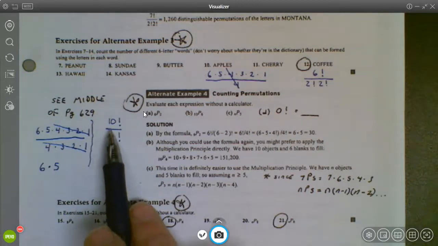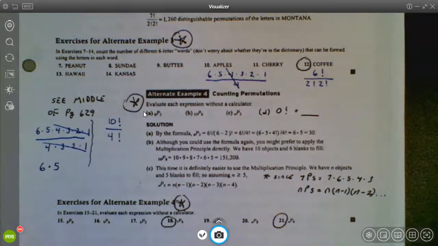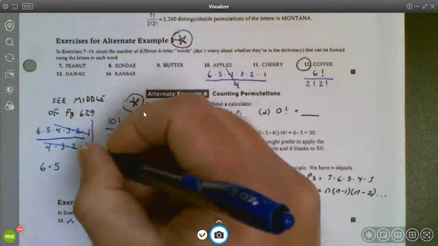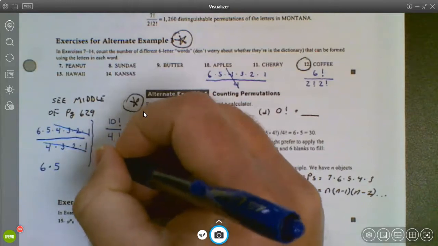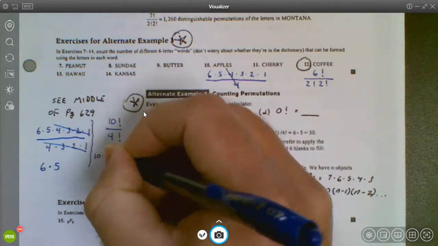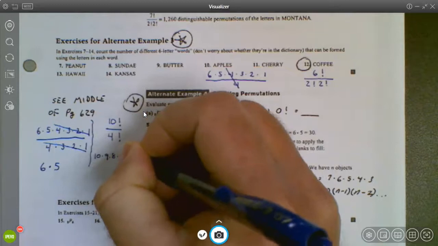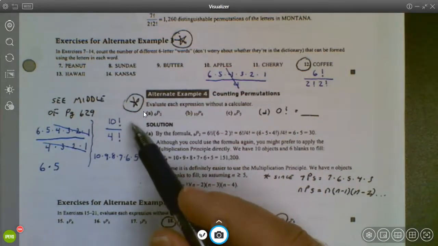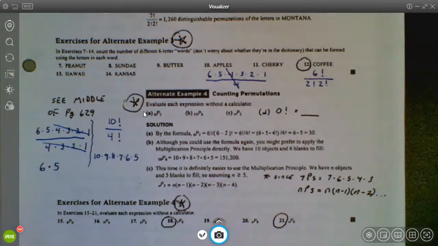So this is going to start with a 10, and it's only going to go to 5 because the 4, 3, 2, 1 will cancel. So if I really simplify that, it's just going to be that layout, because the 4 factorial here would cancel out with the 4 factorial here, and so that's all I'm really left with.